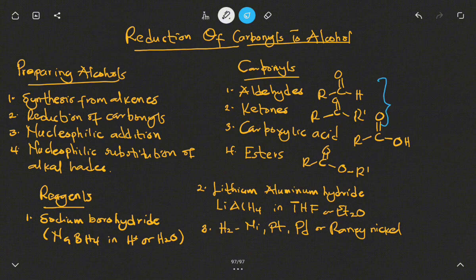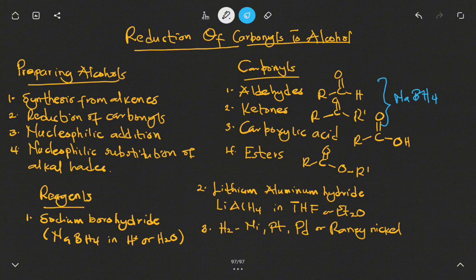So for aldehydes and ketones, we can use sodium borohydride, NaBH4, and then lithium aluminum hydride is a stronger reducing agent compared to sodium borohydride. So we can use lithium aluminum hydride to reduce all of this group, even including amides.